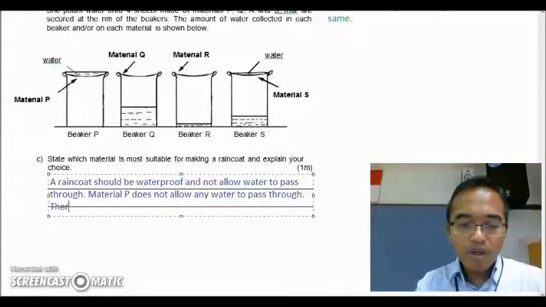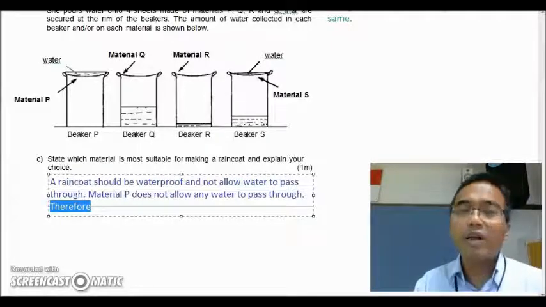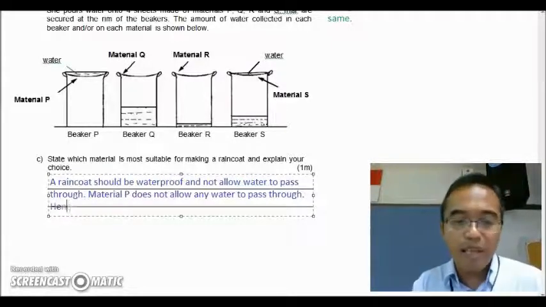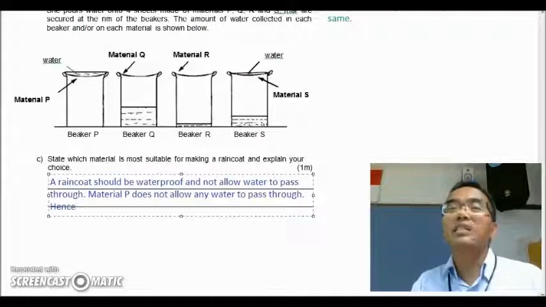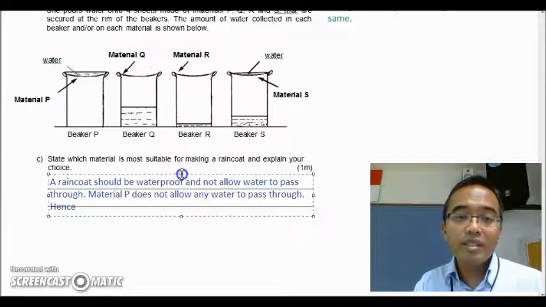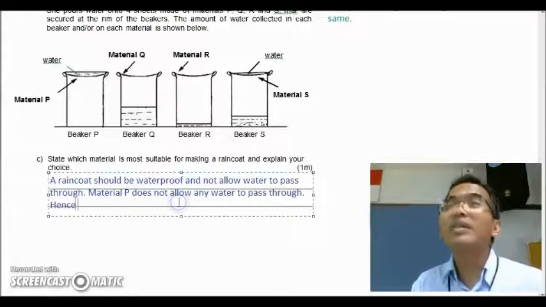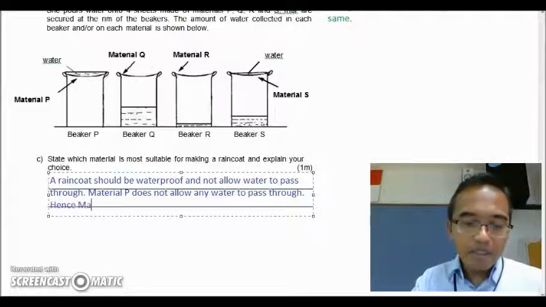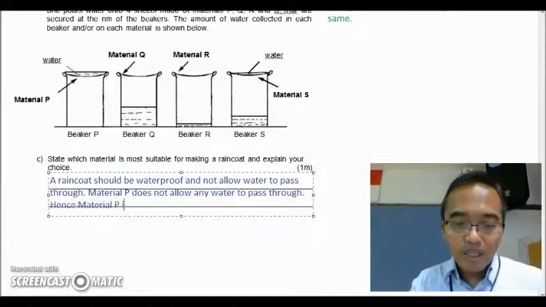Therefore, or if you find it difficult to spell therefore, just spell hence. H-E-N-C-E, not H-E-N-S. Okay, hence what? Material P is the most suitable for making a raincoat.